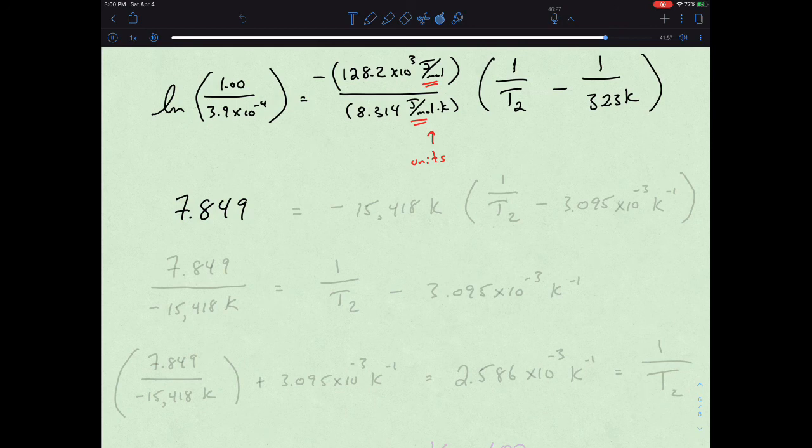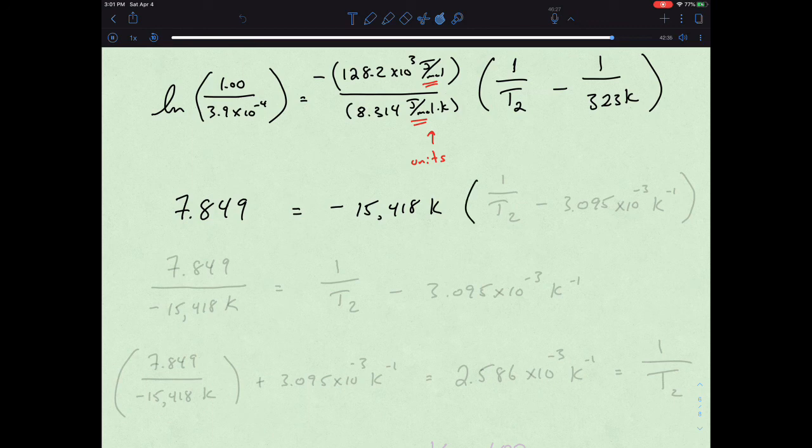Right? If we break out the slope and look at that value, we would get a negative 15,418. Units for that would technically be in terms of Kelvin, so I'm just going to put that alongside of it, right? The joules per mole is canceled out, and then in the denominator you have 1 over Kelvin, which is the inverse of that, so that just means it's Kelvin.